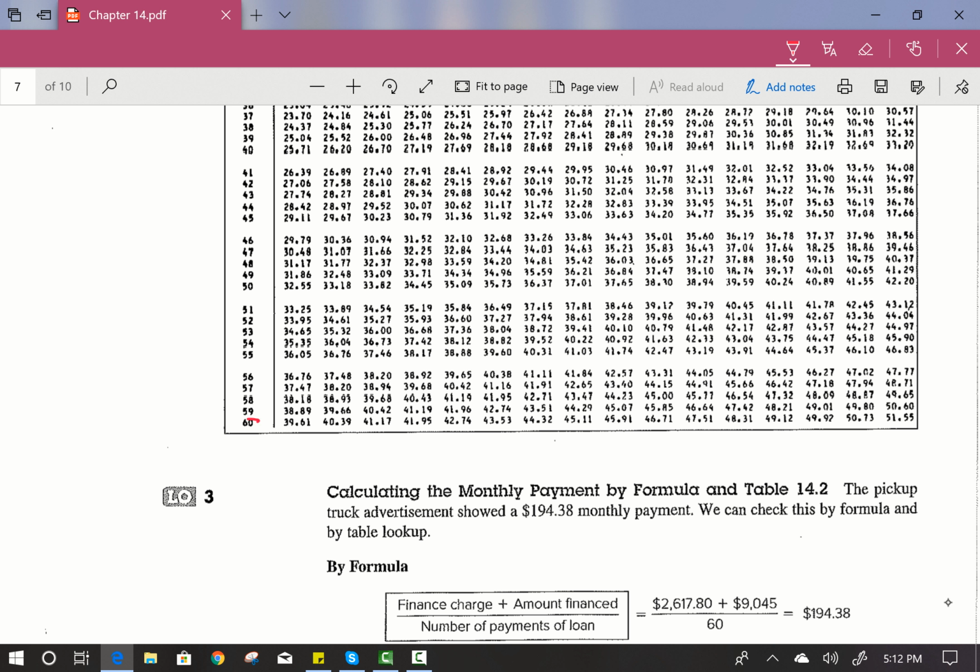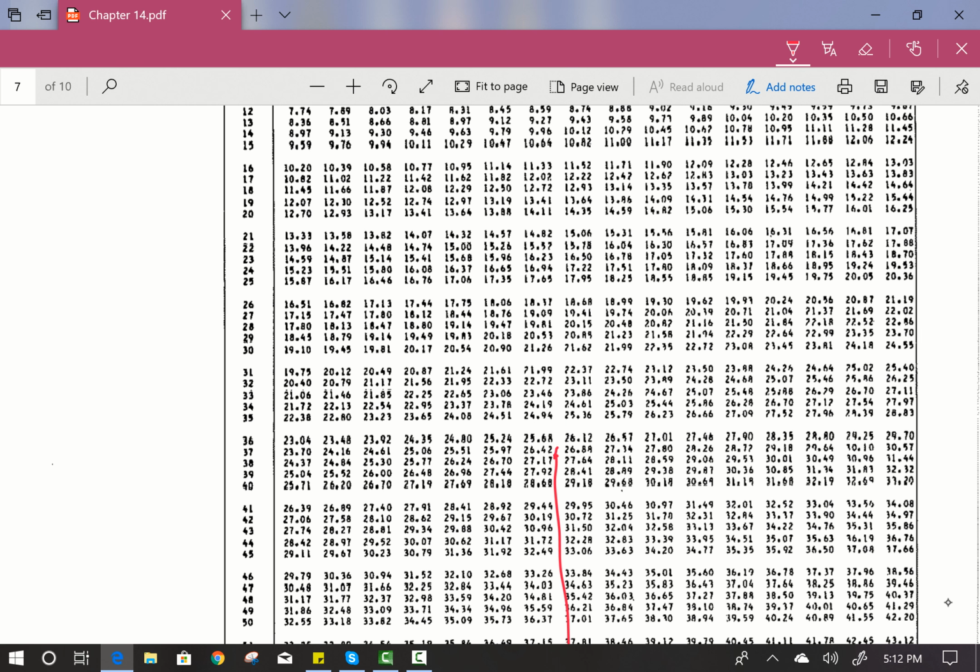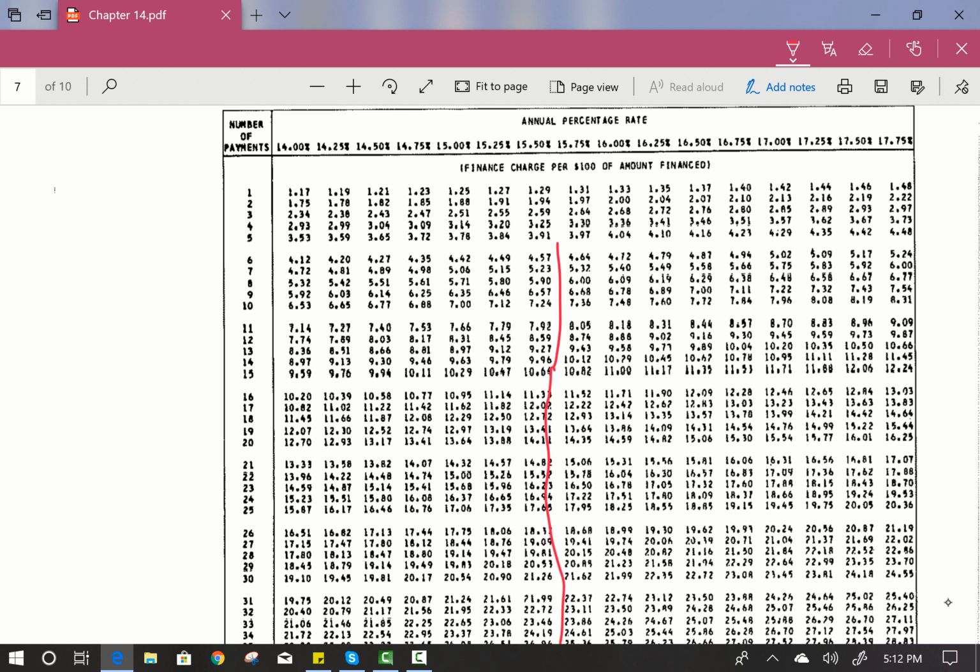Okay, so here's the 60th month right here, $44.98. We're going to go straight across, and that's going to be between $44.32 and $45.11. We're going to go straight up and find the percentage that represents both of those columns, which is 15.5 and 15.75.